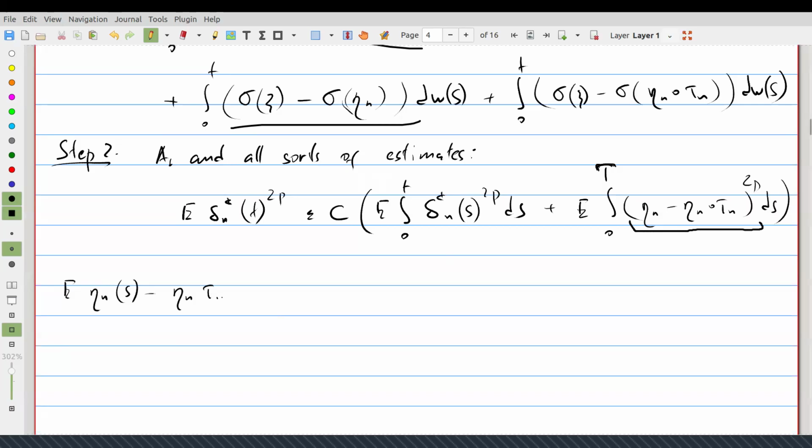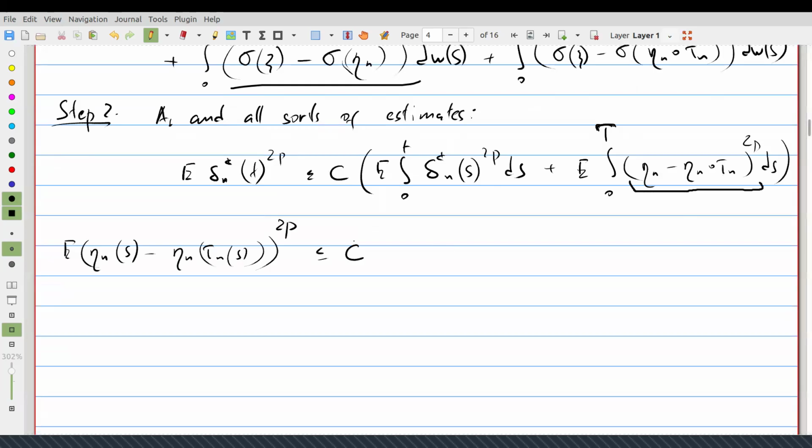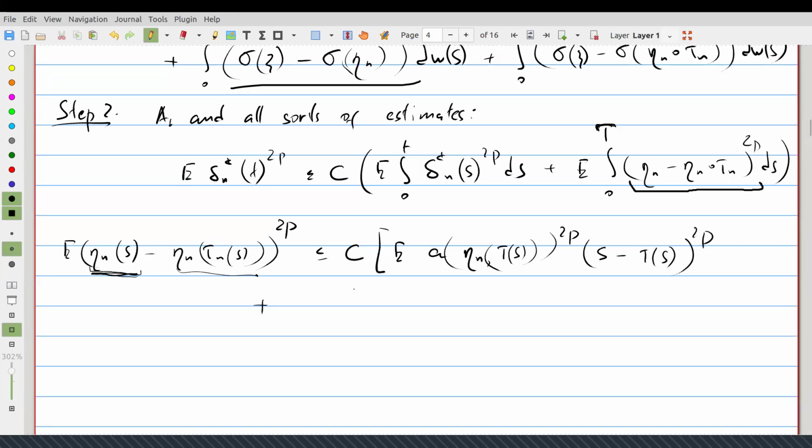The expectation of the difference to the power 2p is less than the mathematical expectation, where I am just using the definition of what eta n s is in terms of this eta n tau s: the difference between s to p and tau s to p, plus Ws minus W tau s.